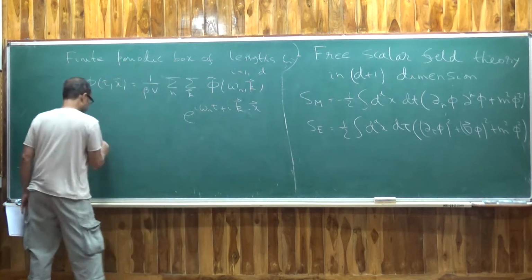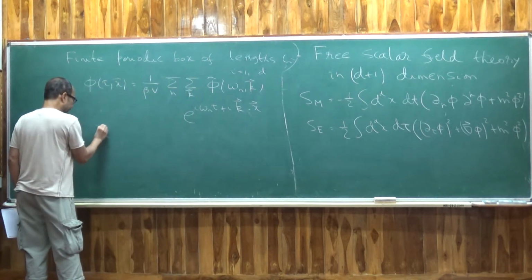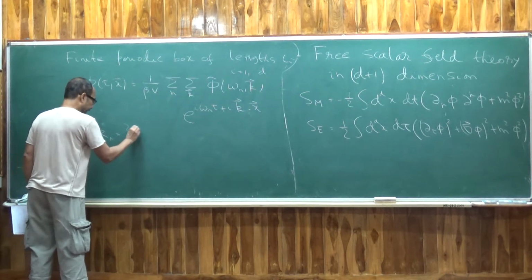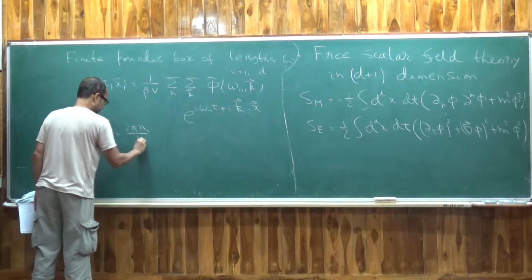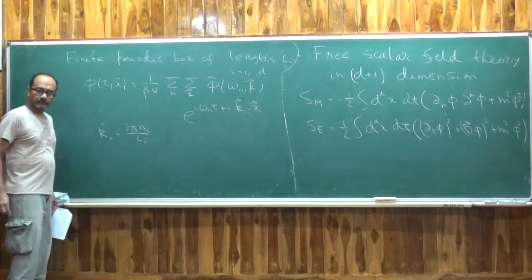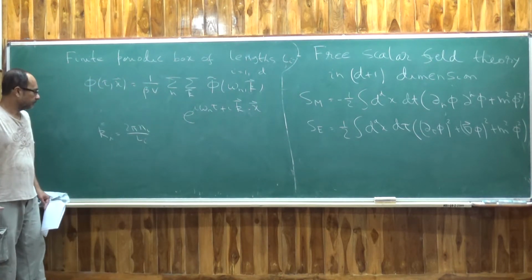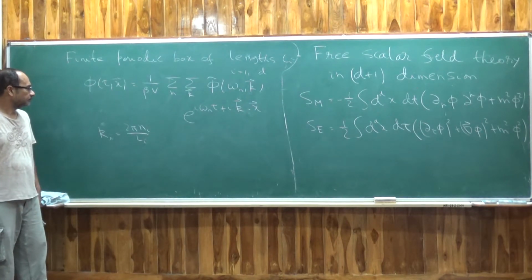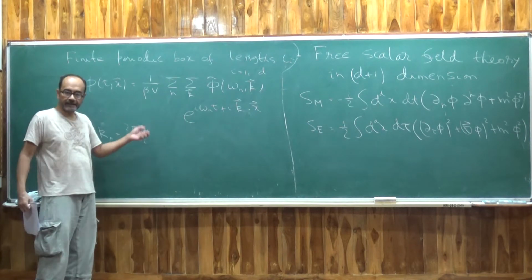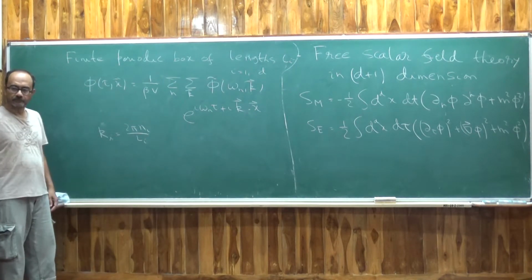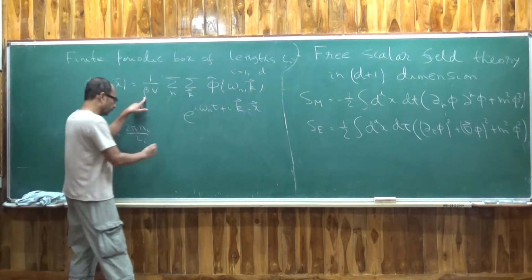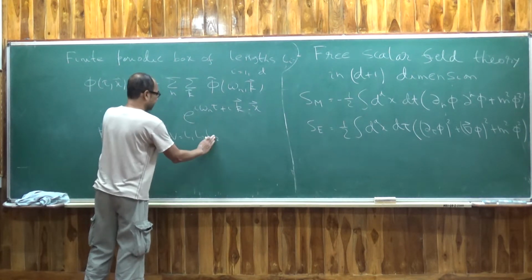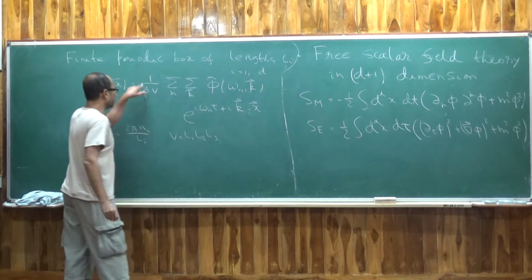So k is discrete: k_i is given by 2 pi n_i by L_i. Eventually we will convert this to an integral. V is the volume, so V is L1, L2, L3. So this is just a normalization, similar to what we had earlier.